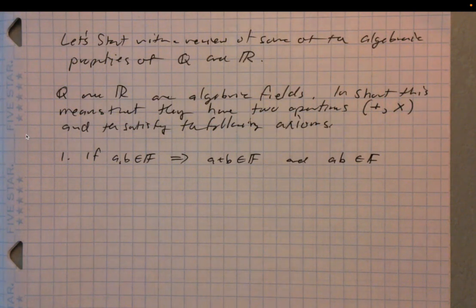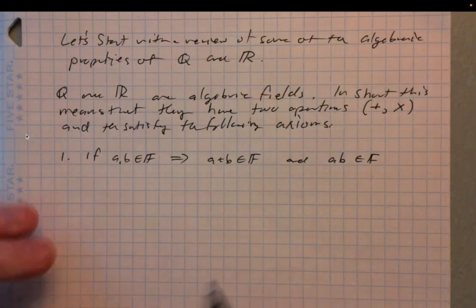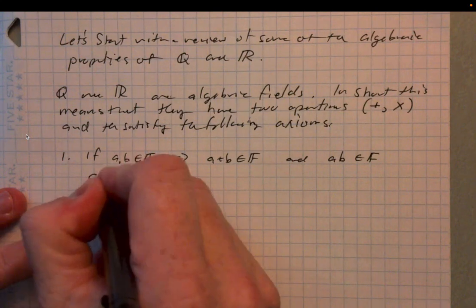If you've taken abstract algebra, you know exactly what I'm talking about. But if not, what that basically means is that if you're inside the field and you do these operations on two elements inside the field, then you don't ever get outside of the field. So this is the concept of closure.